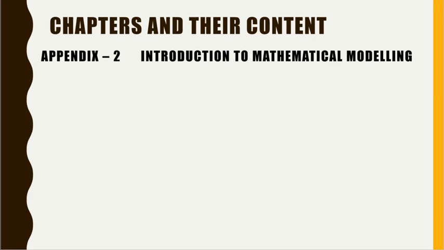Apart from learning information, you should be in a position to use it in your day-to-day life. To make you prepared for using the content learned in mathematics in day-to-day life, you require a practical approach, doing practicals. There the mathematical modeling comes.